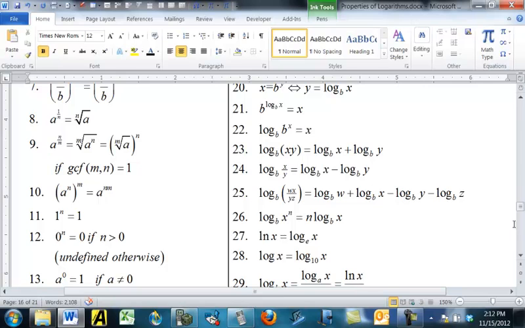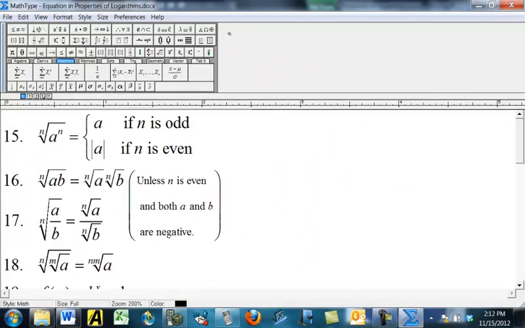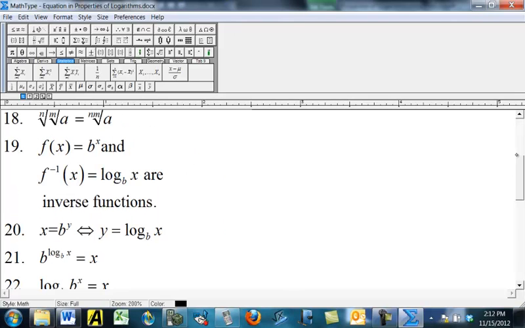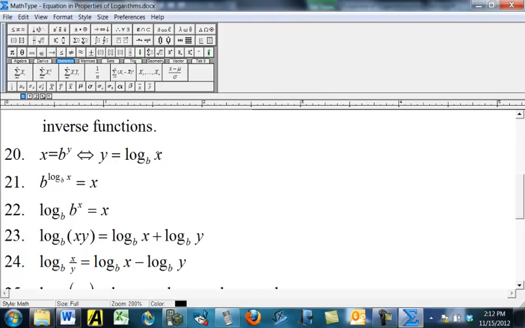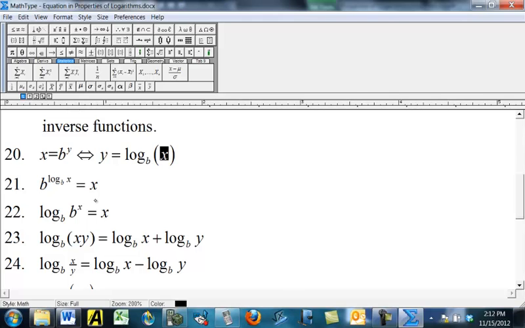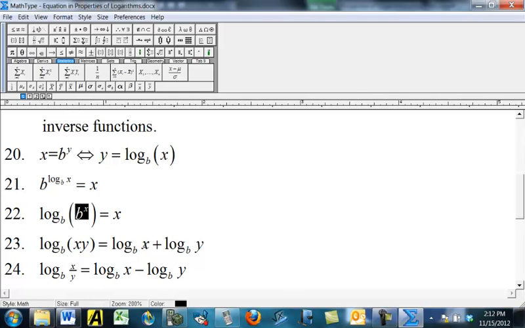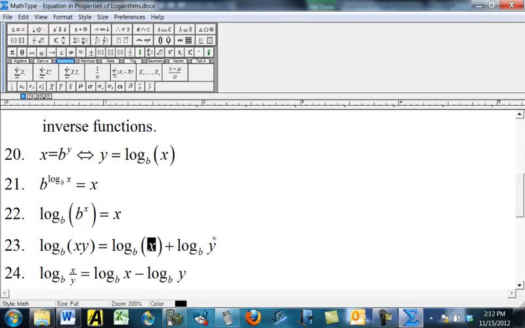Alright, and then I did something here I shouldn't have done. I don't like to do this. Sometimes when you see things like this, they'll leave out the parentheses on the logarithms, and it actually is acceptable to do that, but I don't like it, because you really should have the parentheses, because this is function notation.